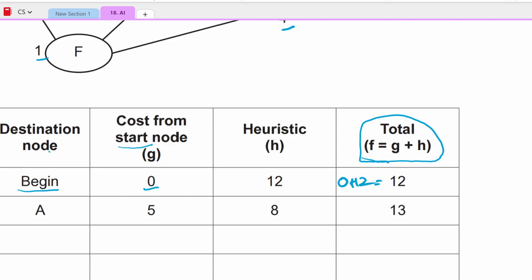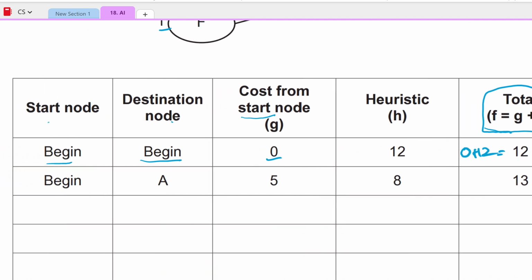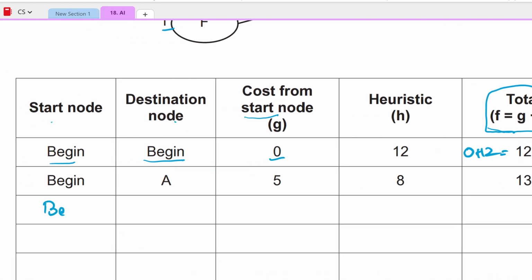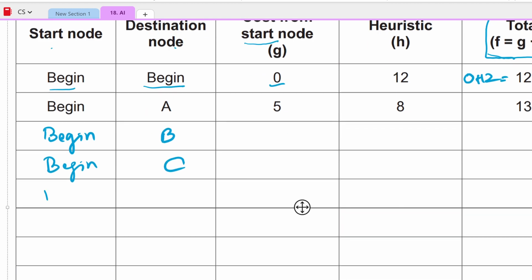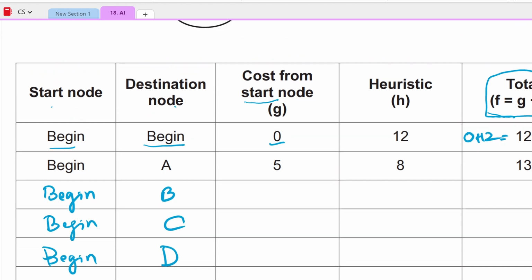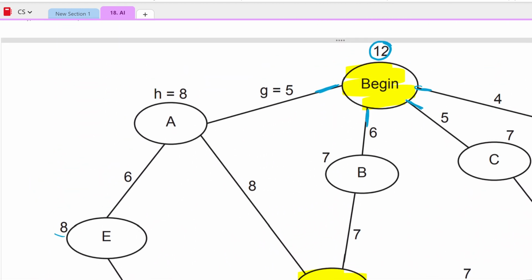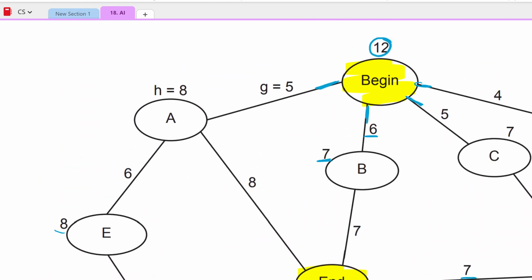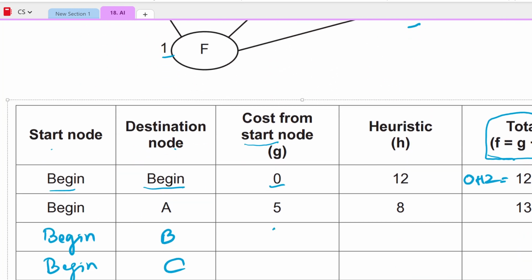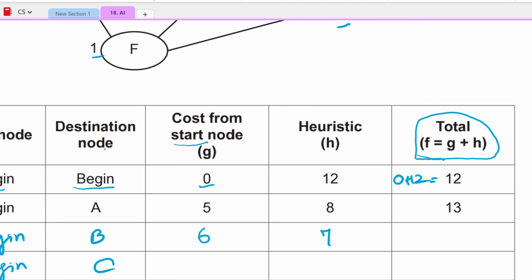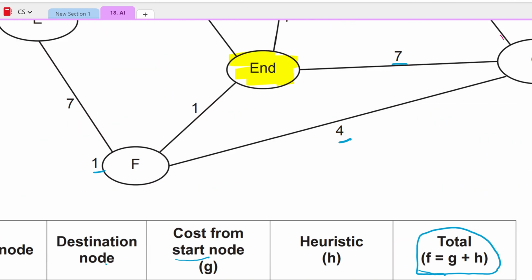So from begin to B, then begin to C and begin to D. Now begin to B is 6 and the heuristic value is 7. So we have the cost as 6 and the heuristic value as 7, and then 6 plus 7 is 13.